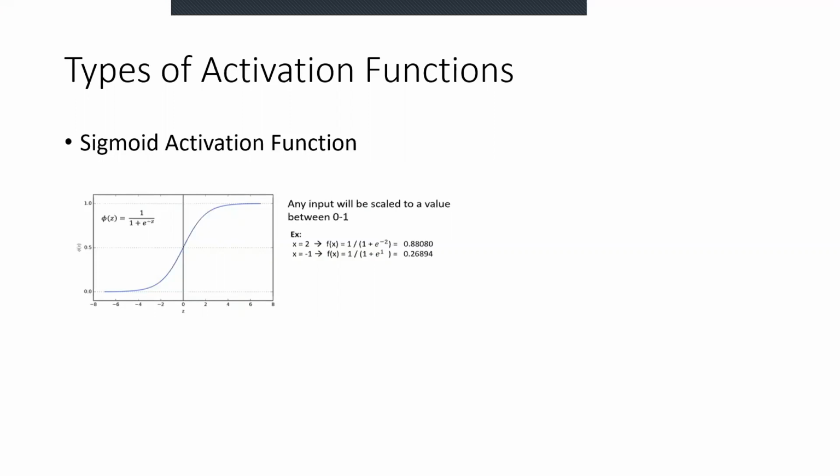If the value is nearer to 1, it would be considered relevant, and if the value is 0, then the neural network will say you can discard it, right? So it can be used as a gate, and the sigmoidal function is also called a logistic function.